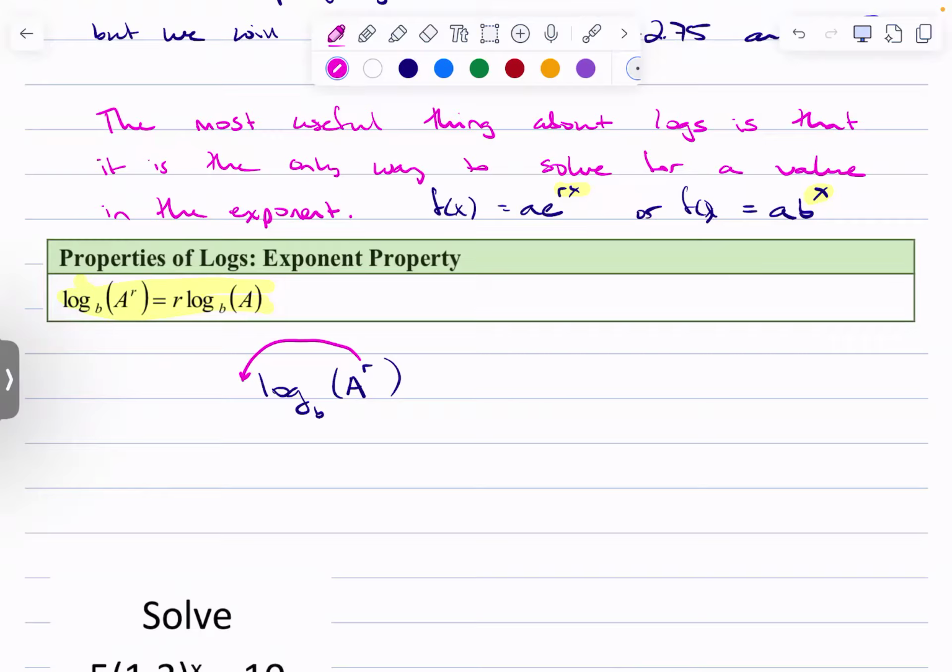Any log will do. And then I'm allowed to rewrite it as r times the log base b of a. And so the exponent can be moved down, and now it's just multiplying the log.